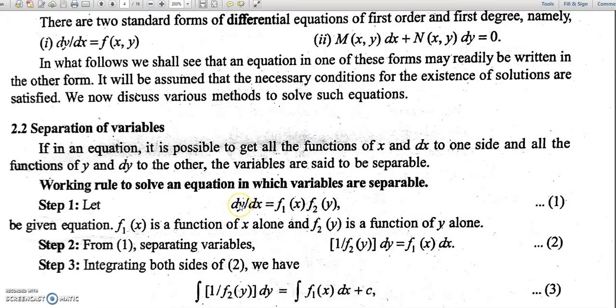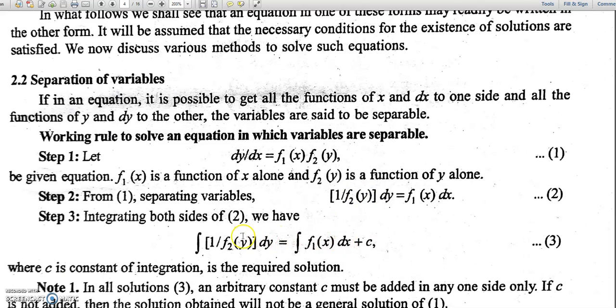Our general equation is dy/dx equals f of x, y, and you have to separate the variables of x and the variables of y and name them f1(x) and f2(y). So f1(x) is a function of x alone and f2(y) is a function of y alone. Here the numerator is dy and the denominator is dx, so you have to take the function of y along with dy, and the function of x along with dx. Now the variables are separated.